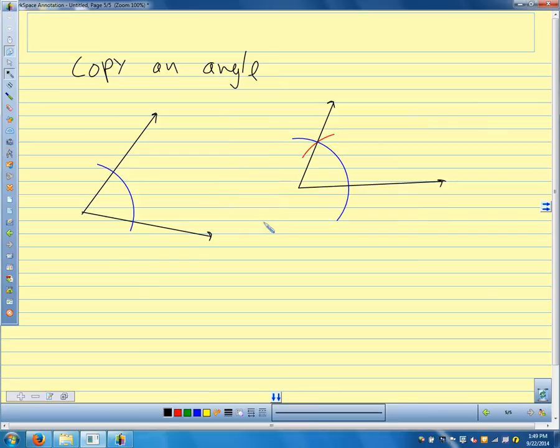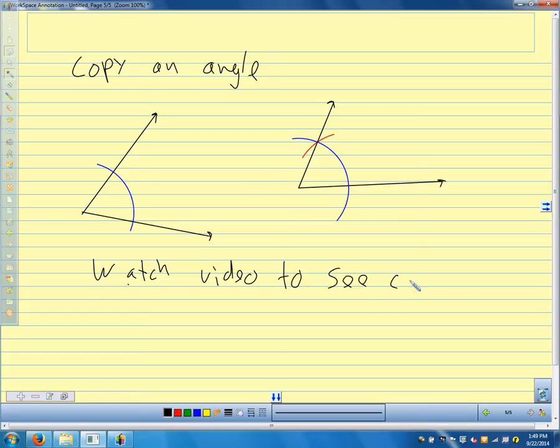All right, so I will post this video up. If you watch the video, you will see the compass. So I'm going to write, watch the video to see the compass.